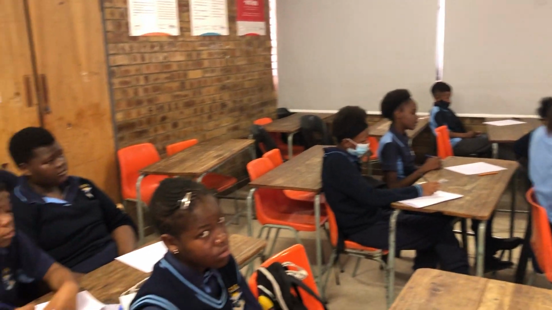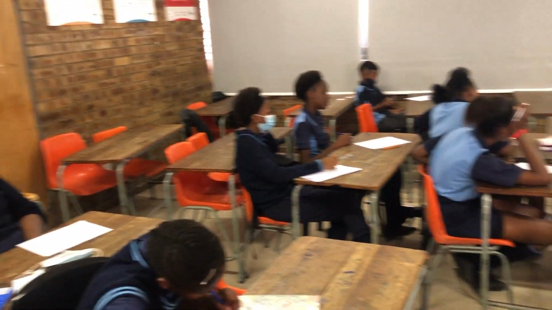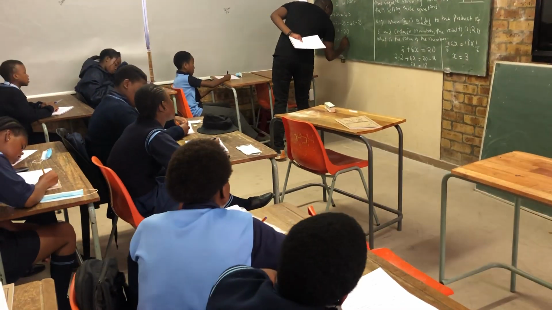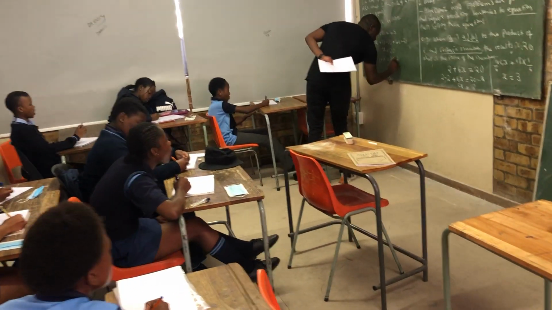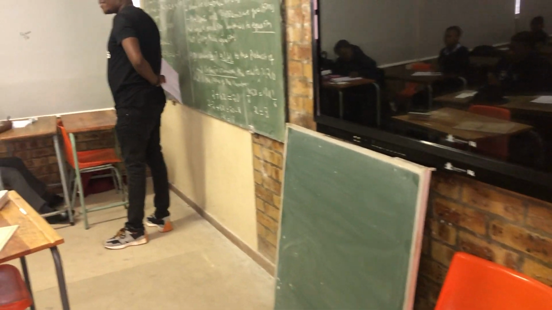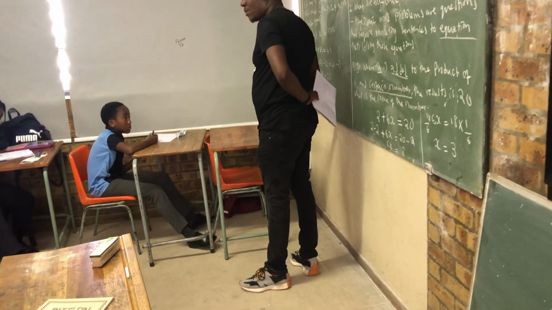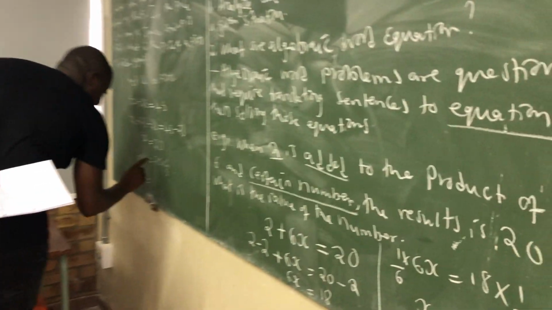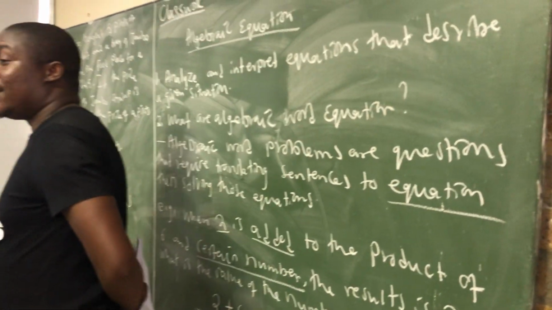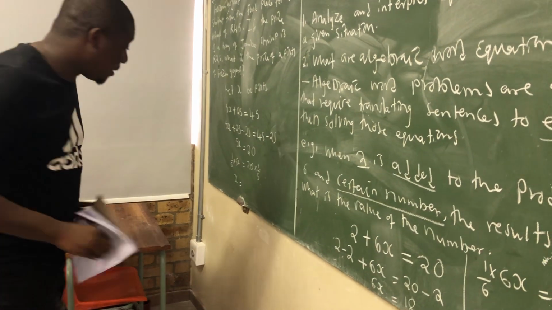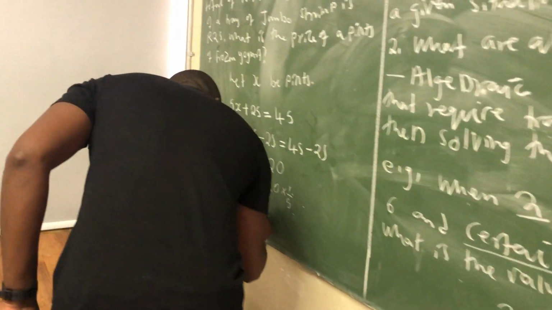So we're going to say 1 over 5 multiplied by 5x equals 20 multiplied by 1 over 5. 1 multiplied by 5 is 5, 5 divided by 5 is 1. That means we're going to put x, right? So 20 multiplied by 1 is 20, divided by 5 is 4. That means x equals 4.